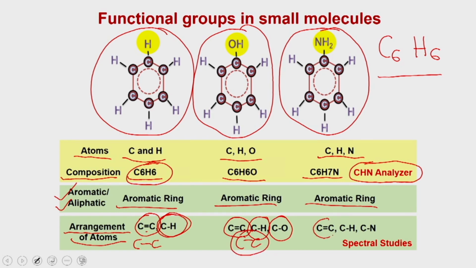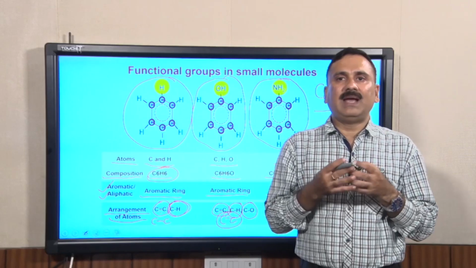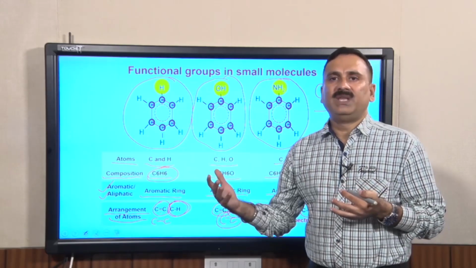Similarly, in the case of aniline, you have carbon double bond, carbon to hydrogen bond and the carbon to nitrogen bond. So, how are you going to get the arrangement of the atoms in the molecule?